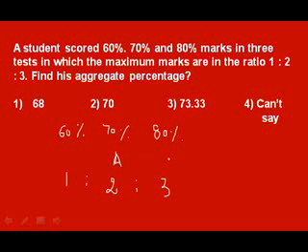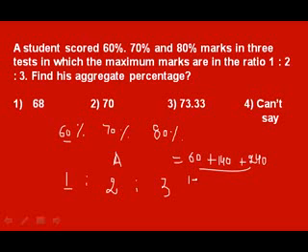Now apply the simple weighted average. That will be 60 times 1, that is n1 into a1, plus 70 times 2, that is n2 into a2, which is 140, plus 80 times 3, which is 240, divided by 1 plus 2 plus 3.